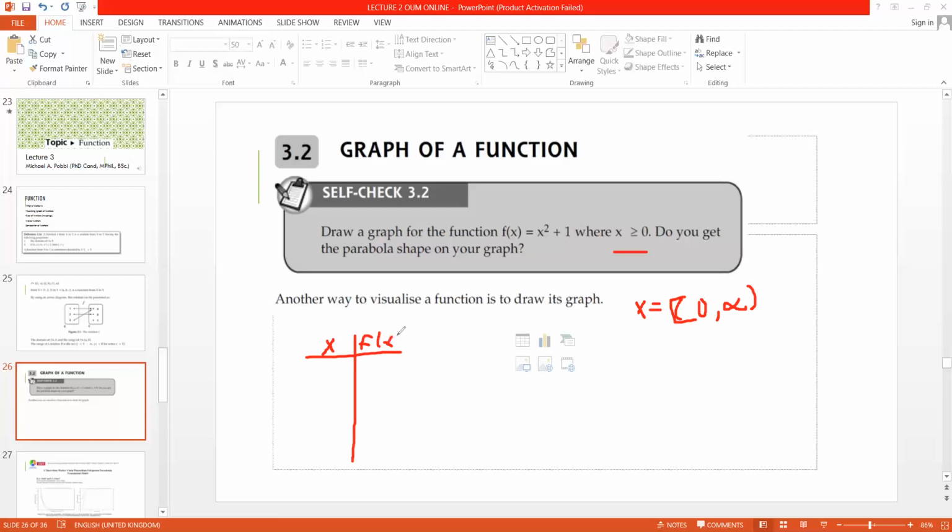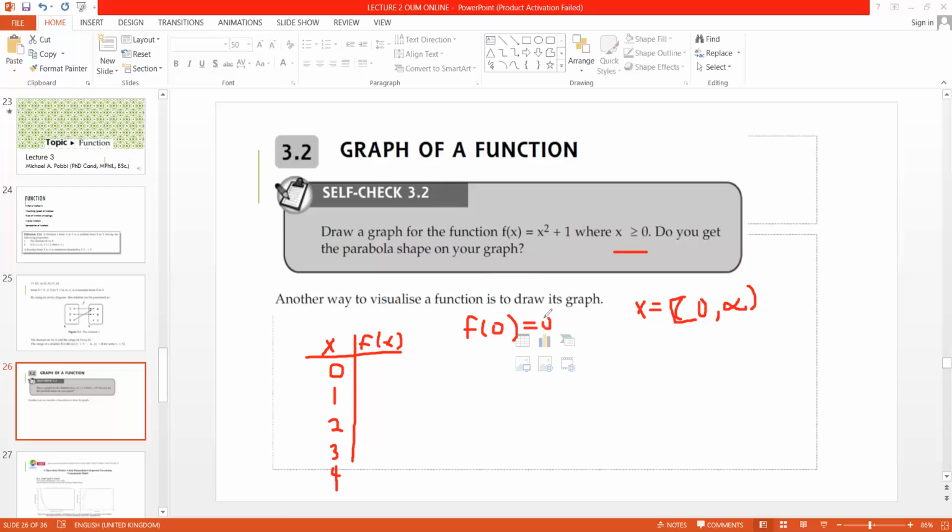We have 0. Let's just select arbitrary points: 1, 2, 3, and probably 4, using a numerical approach. Then you do the evaluation of f of x. So f at 0 will give us what?